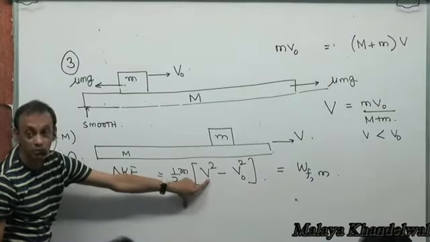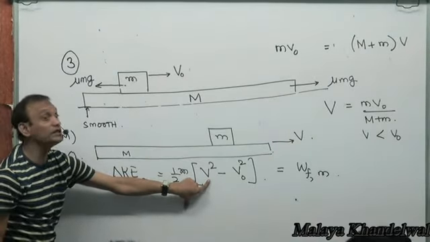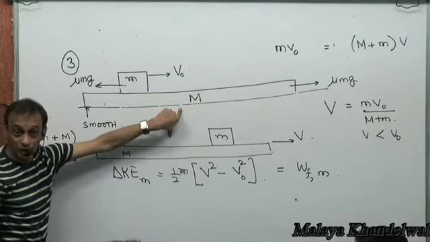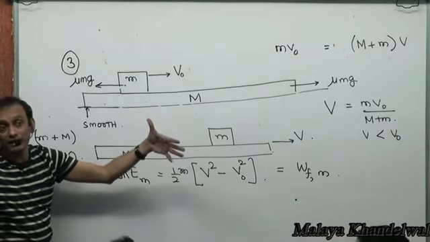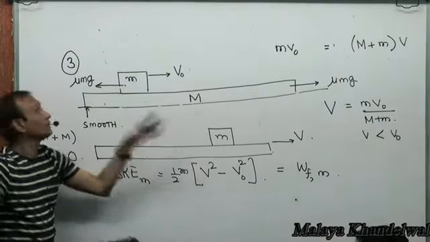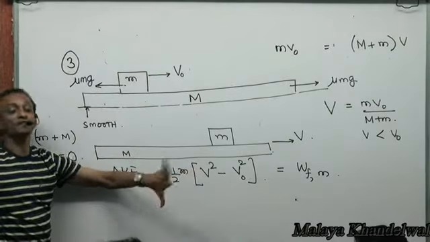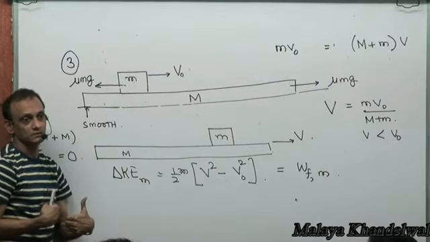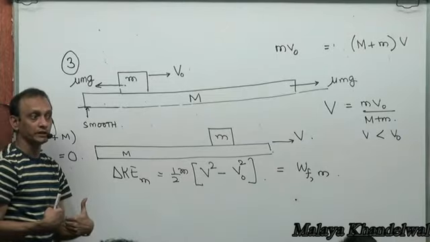We have computed it from linear momentum conservation of small m plus capital M, but linear momentum couldn't have been conserved for small m alone, or for capital M alone, but could have been conserved for small m plus capital M, because together this force and that force would cancel off. They would be looked upon as an internal force cancelling in pairs, right?